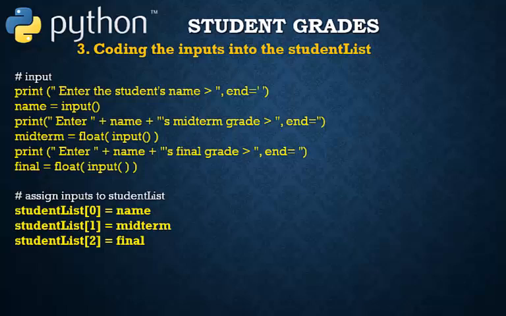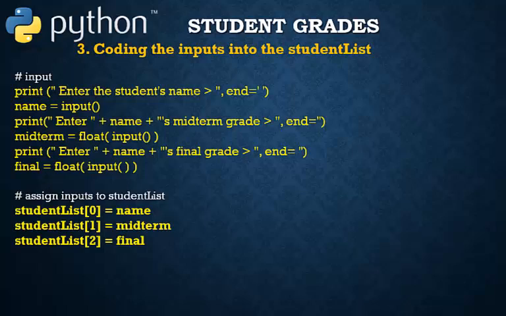Remember that all input comes into the Python program as string data, streams of characters. Since the midterm and final exam scores are numeric, the input typed in by the user is sent into the float function to transform it into a decimal type.